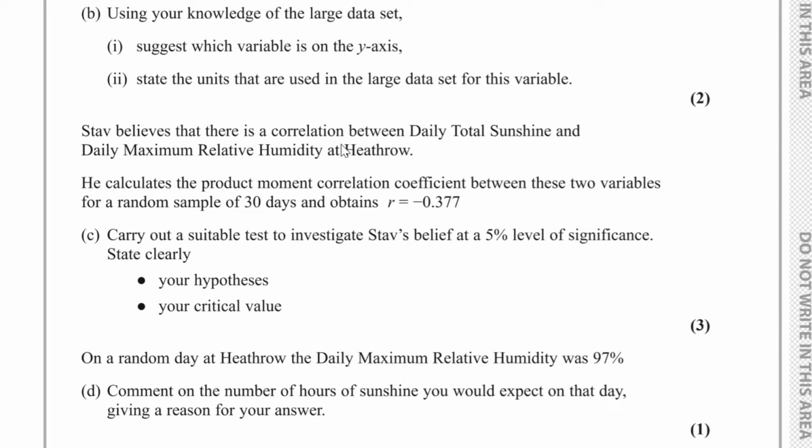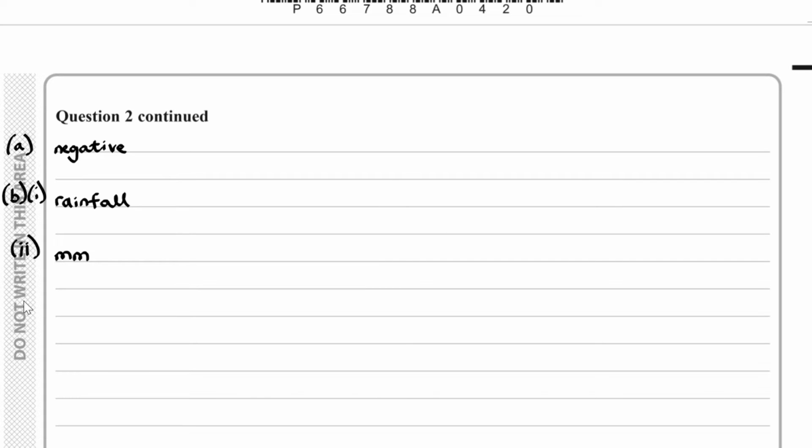So we should use a two-tailed test. So, for part C of the question, our null hypothesis we have over here, rho is equal to 0, and our alternative hypothesis, we have rho doesn't equal 0.